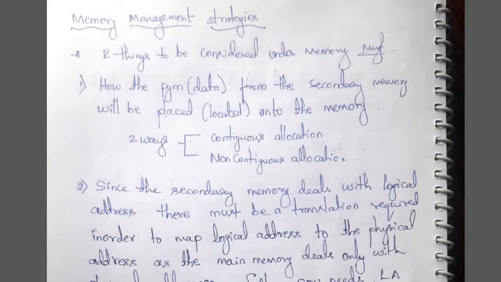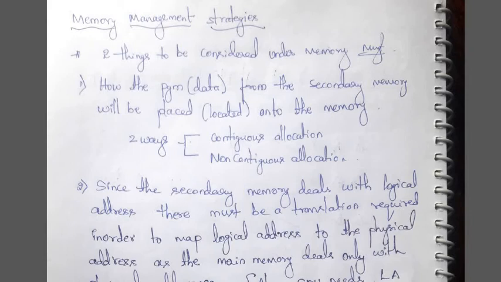Suppose you want to shift the data from the disk to the main memory, how are you going to allocate where it has to be moved to? In order to perform that, we have two ways to deal with moving or allocating the memory. One is contiguous allocation. The next is non-contiguous allocation. We will see what these types of allocation are in the coming moments.